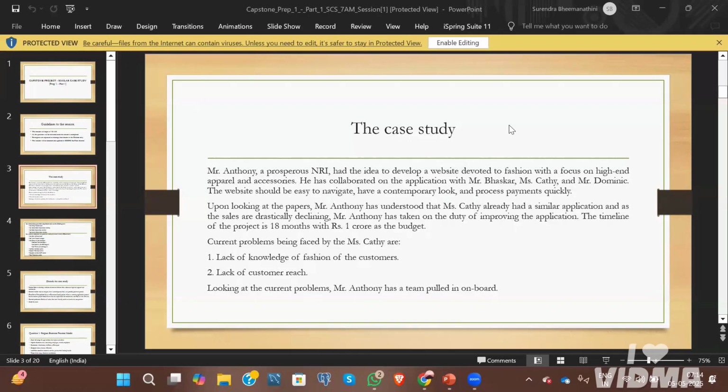They are having lots of sales decline. So Mr. Anthony has taken the duty to improve this existing application, and the timeline has been set as 18 months with rupees 1 crore as a budget. These are the two major problems that Miss Kathy is facing with her application.